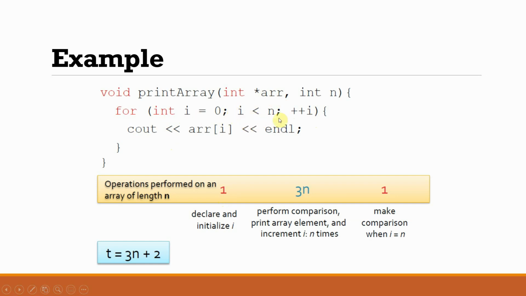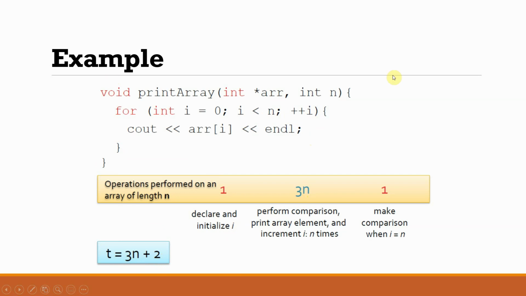So we have n plus 1 comparisons here, n increments, and n cout. So we see that we have 3n plus 2, that's our cost function.